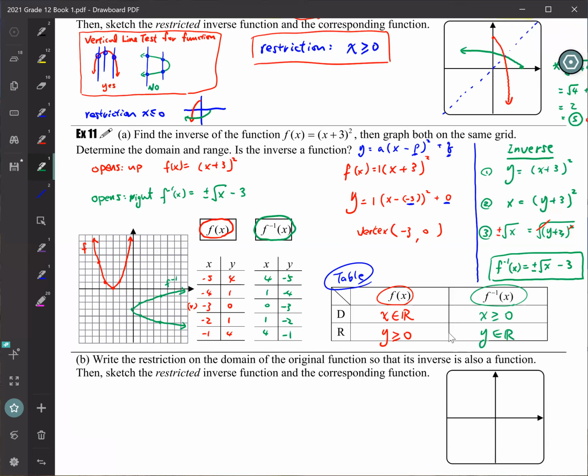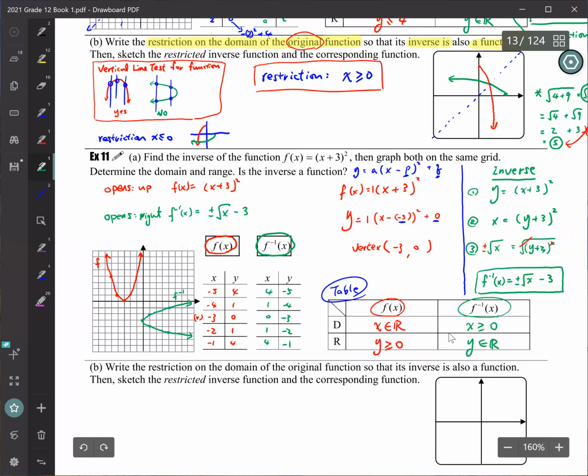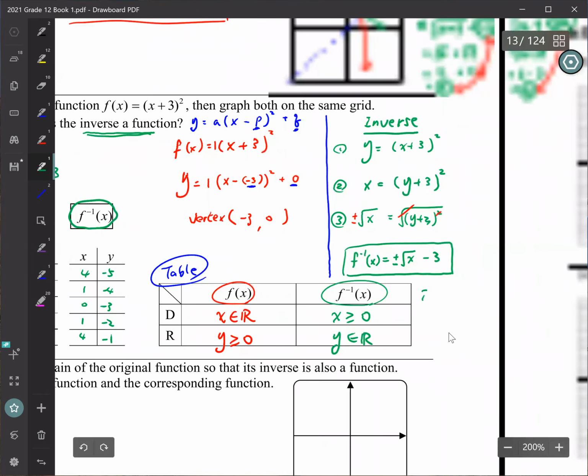Okay, and then you can check with the graph, right? The inverse starts from 0, -3, and then moves to the right side. So that's why it's greater or equal to 0. Okay, make sure you double check. Now, one more question there, right? Is inverse a function? Okay, Philip, is inverse a function? No. Yeah, very good. Okay, so you can write it on the side.